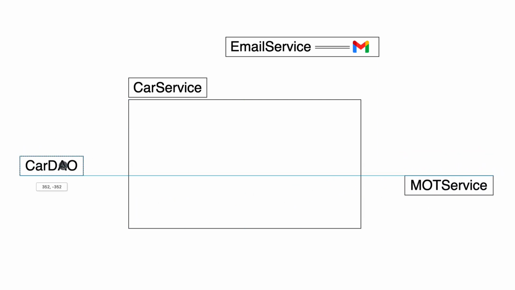And now what we do is we say, right, so if you need car DAO, we can provide you one. If you need an MOT service, we can provide you one. If you need an email service, we can also provide you one. Now, this is a much better approach because all of these classes now can be substituted.